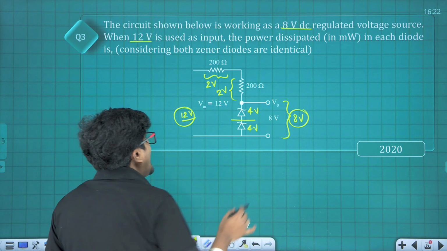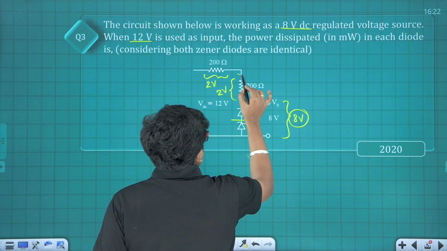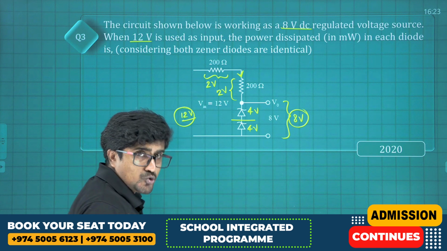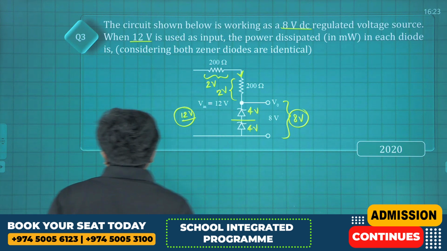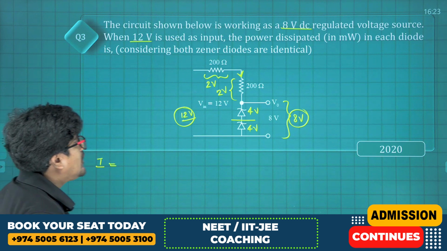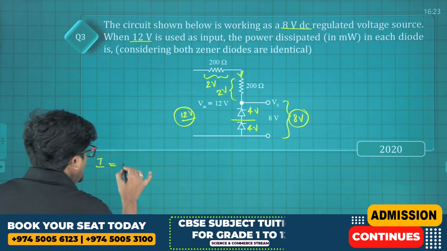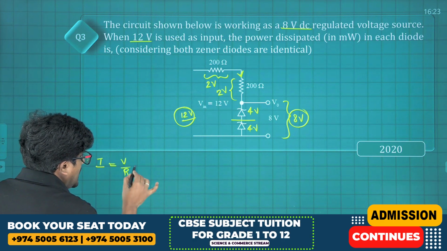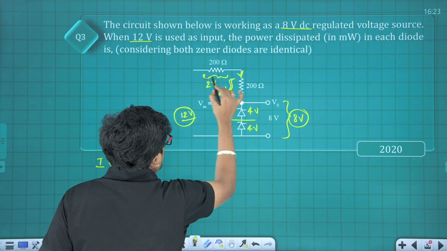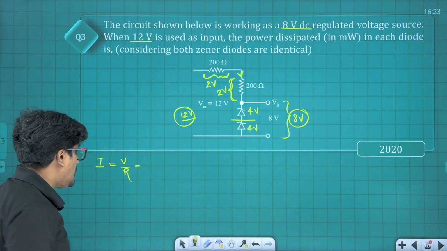Yes. In that condition, what is going to be the current flowing through the circuit? The current flowing through this circuit can be calculated as I equals V upon R. Now the voltage that is dropped over this one, or you can go for this, both are the same only.